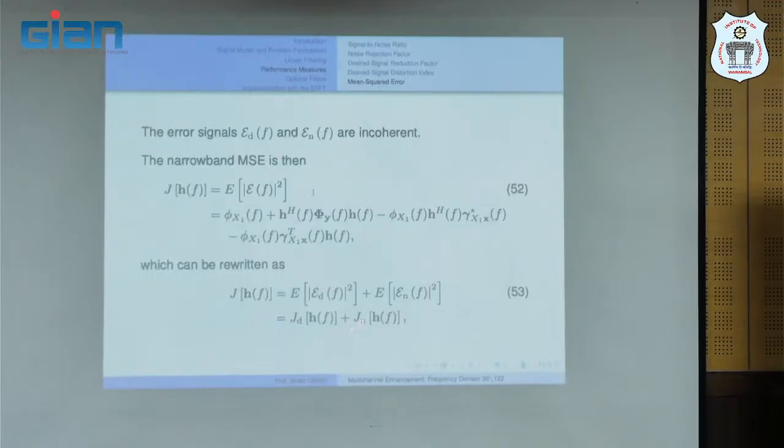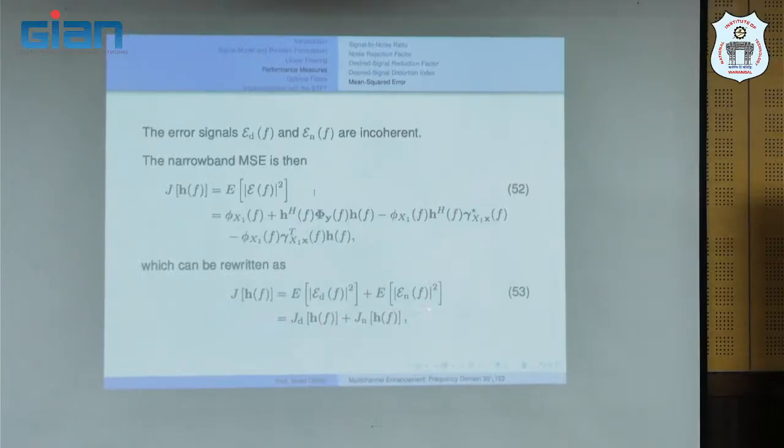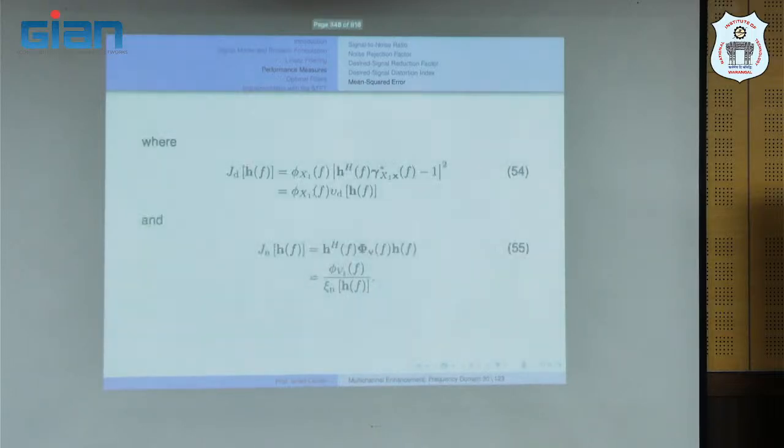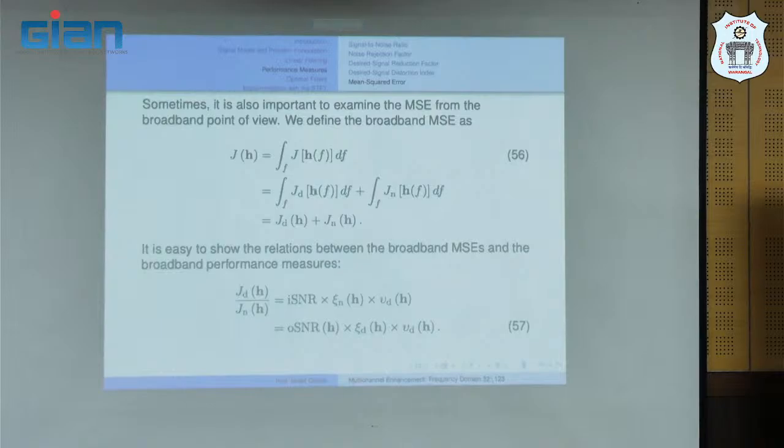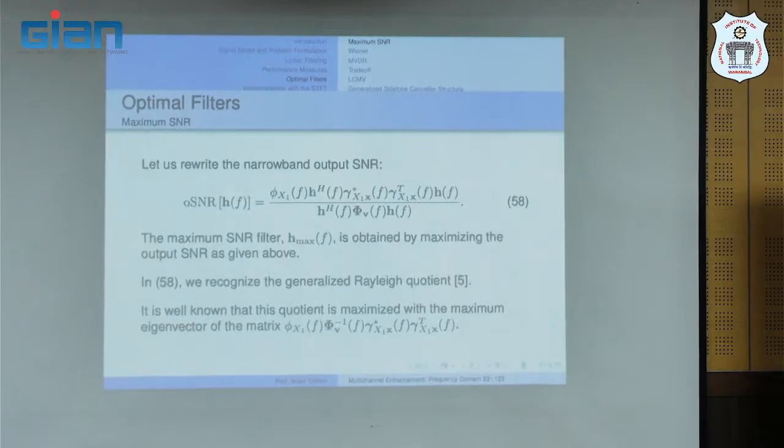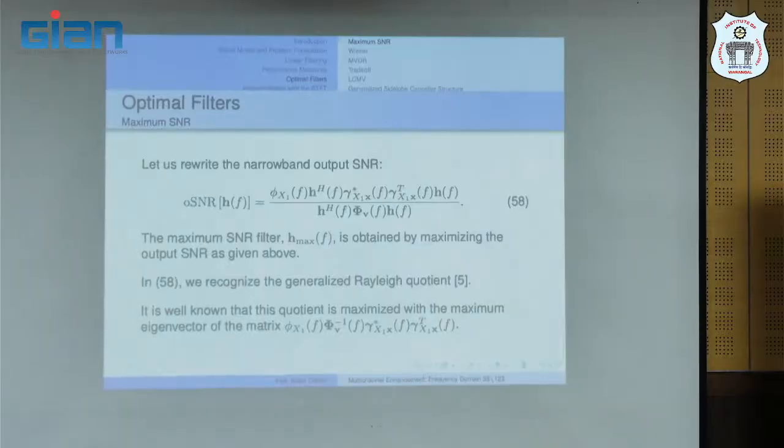You see here, the mean squared error consists of two components. One is related to the distortion, and one is related to the residual noise. Okay, so if we try to minimize the mean squared error, we'll get the Wiener filter.